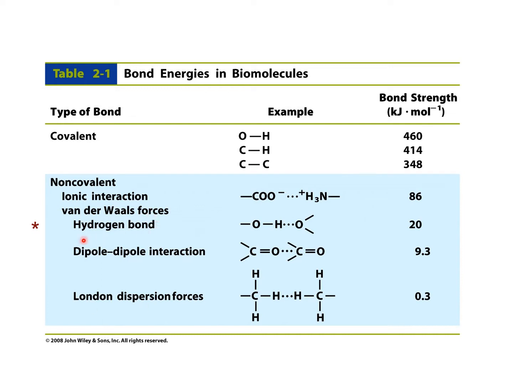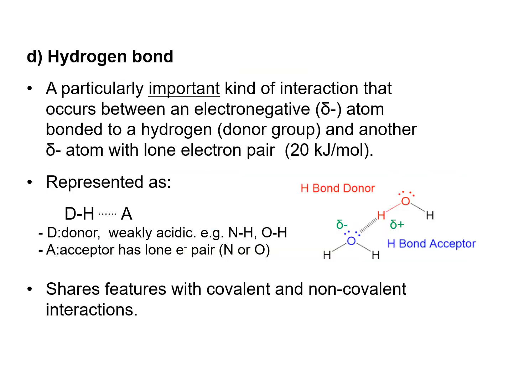And particularly this hydrogen bonding is really important for understanding the biochemical reactions, because all the biochemical reactions happen in water as a media, and its strength is relatively high among all these van der Waals interactions.